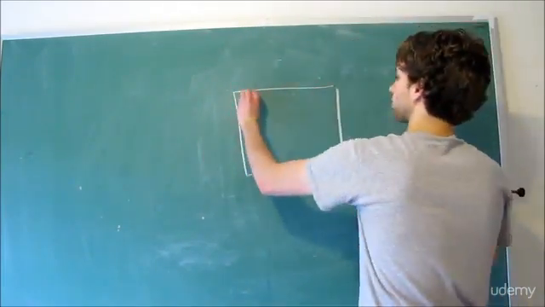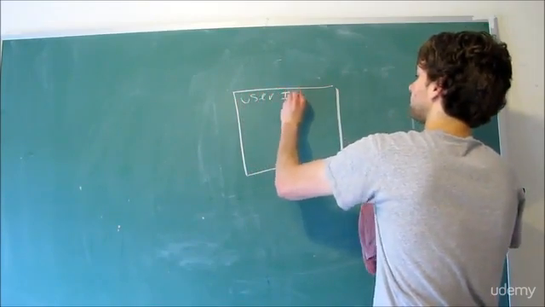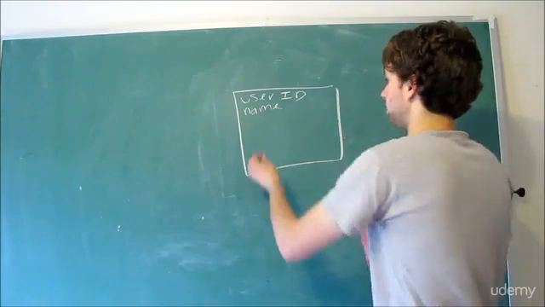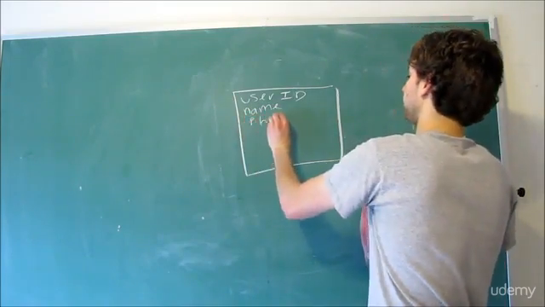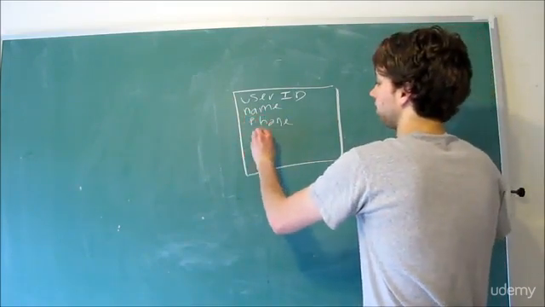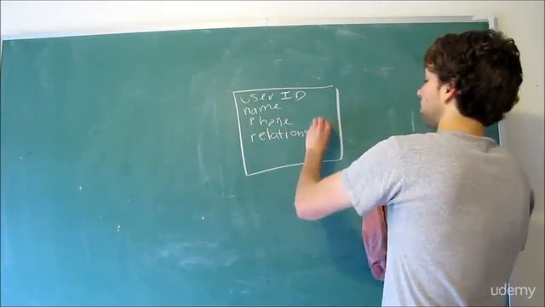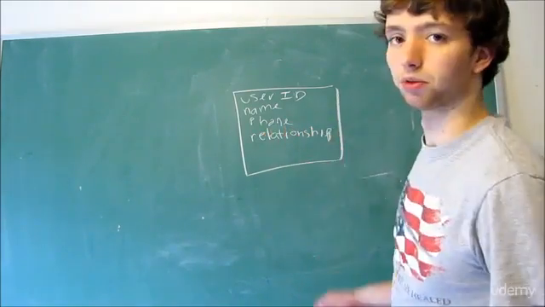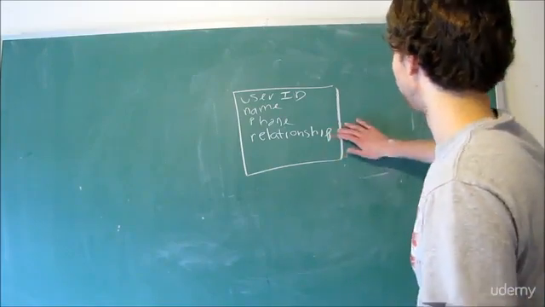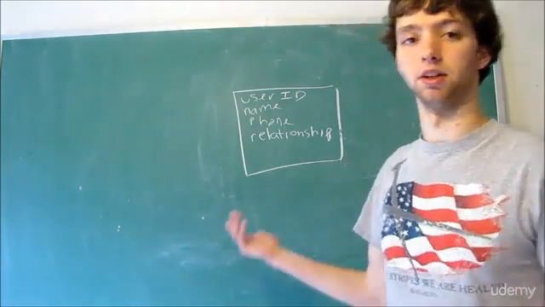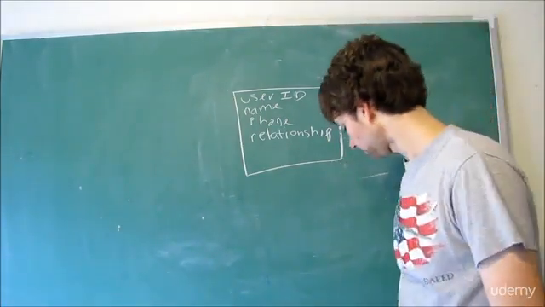We could have the user ID with the name, first name, last name, a phone number, whatever else. And then we could say relationship. That's a one-to-one relationship. We could just have that be an ID of another person. And we don't have to worry about having another table for that. So yeah, that's a one-to-one relationship.